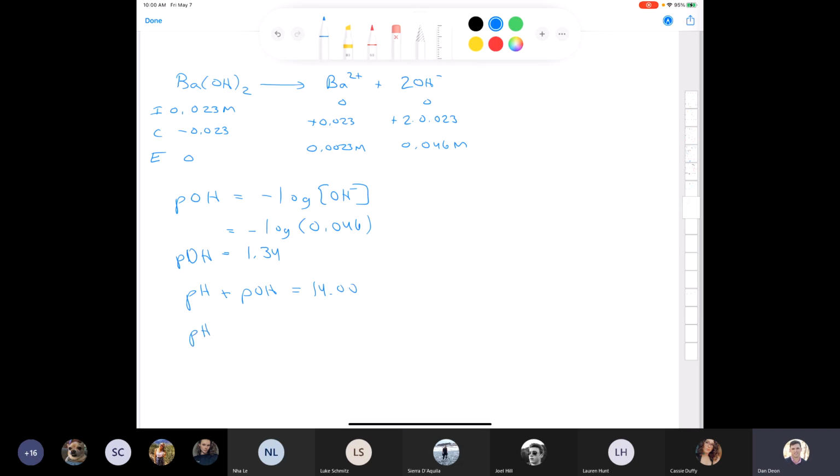So we can solve for our pH, which is equal to 14.00 minus the pOH. So we get 14.00 subtract 1.34, and we get that our pH is equal to 12.66.